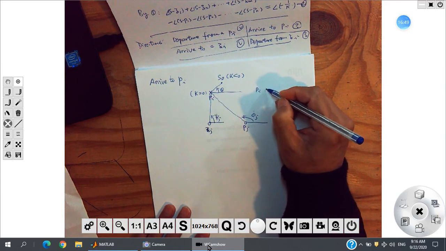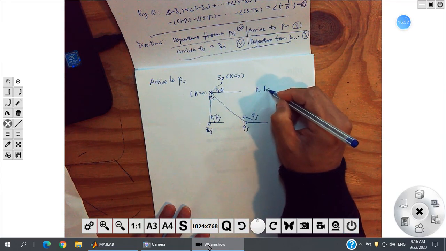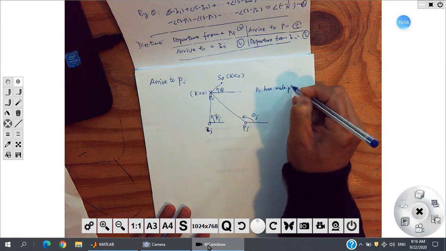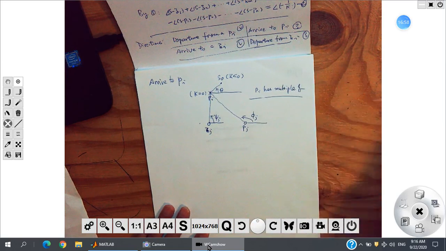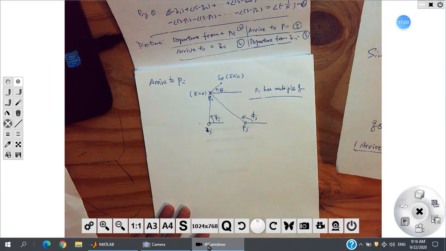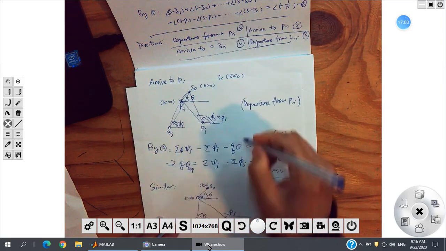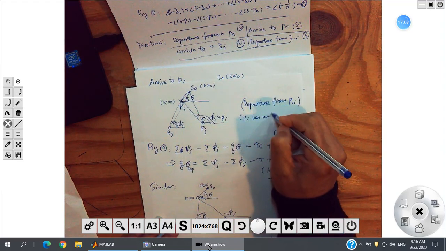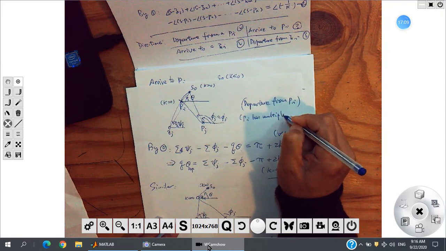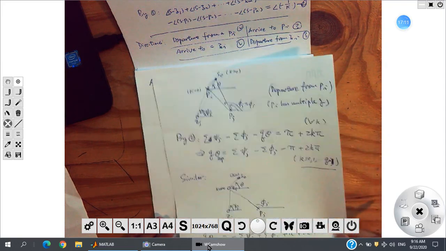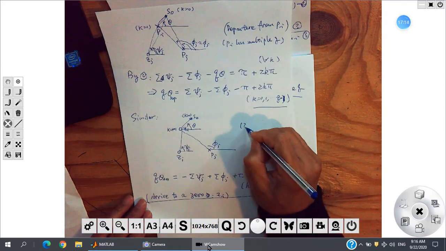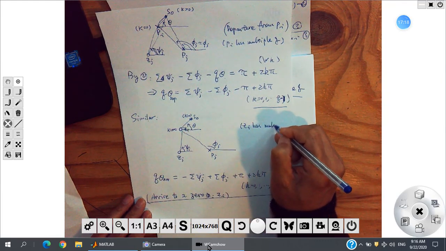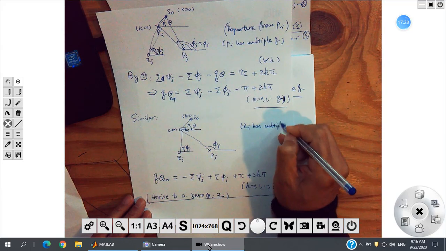We also suppose this has multiplicity Q. Oh, I forgot to write that one. Yes, that's it. This Q. PI has multiplicity Q. Right. Yeah, this one is ZI, which has multiplicity Q. Right.